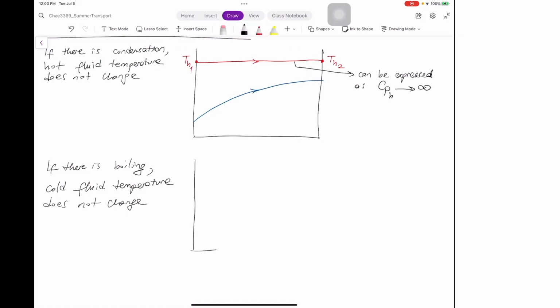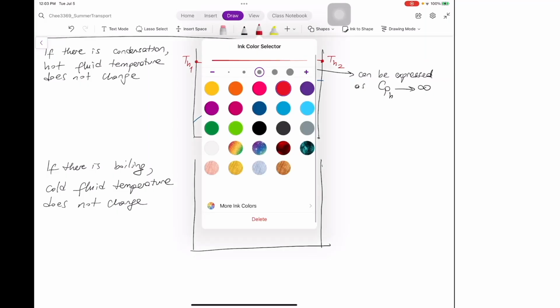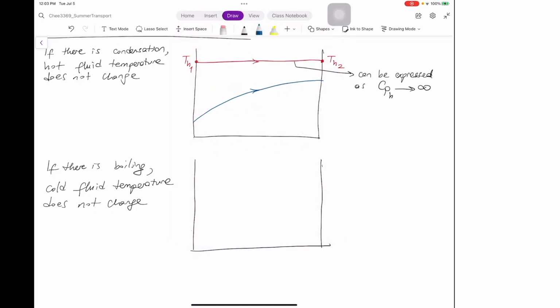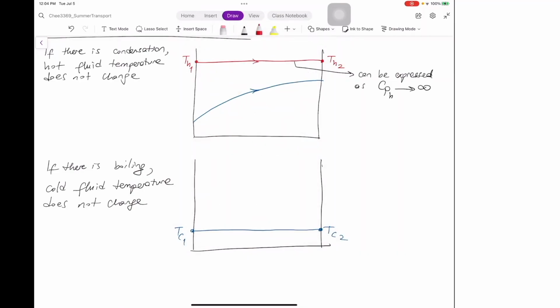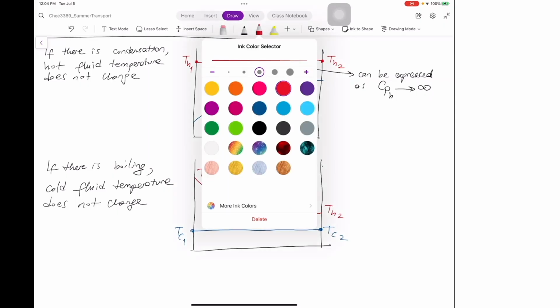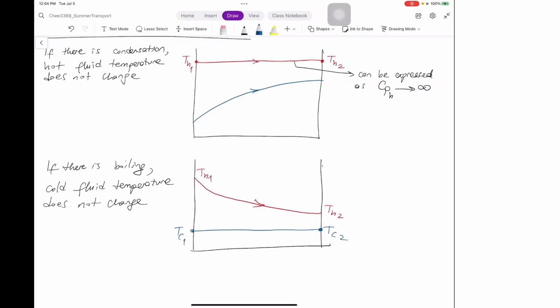And this should look as follows. This is T cold 1. Goes like this. This is T cold 2. And the hot side is going to change its temperature, asymptotically reaching Tc2. So this is T hot 1. This is T hot 2. And the arrows can show the direction of the flow, so that we know which way the stream is moving.